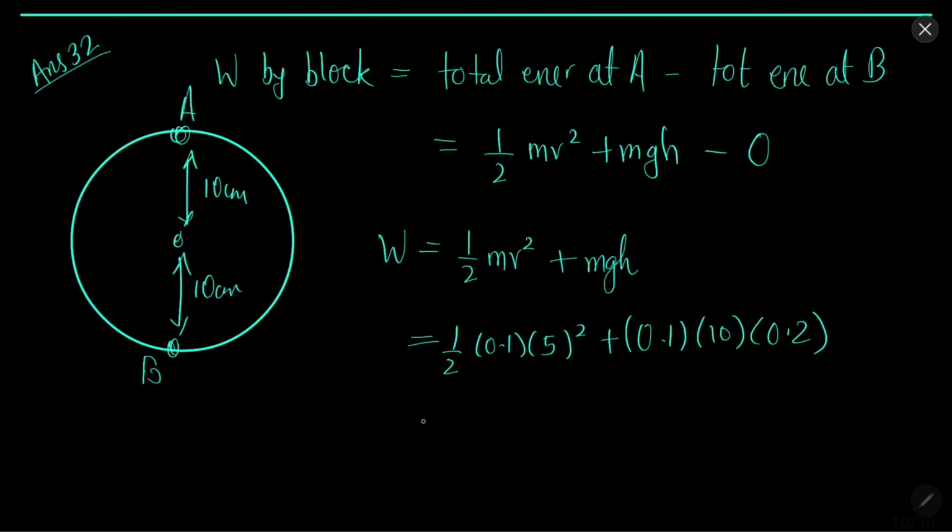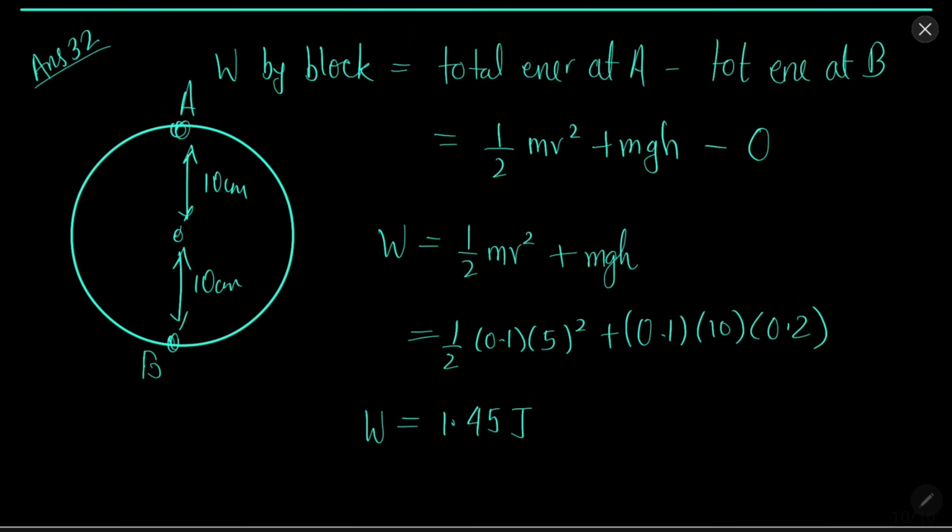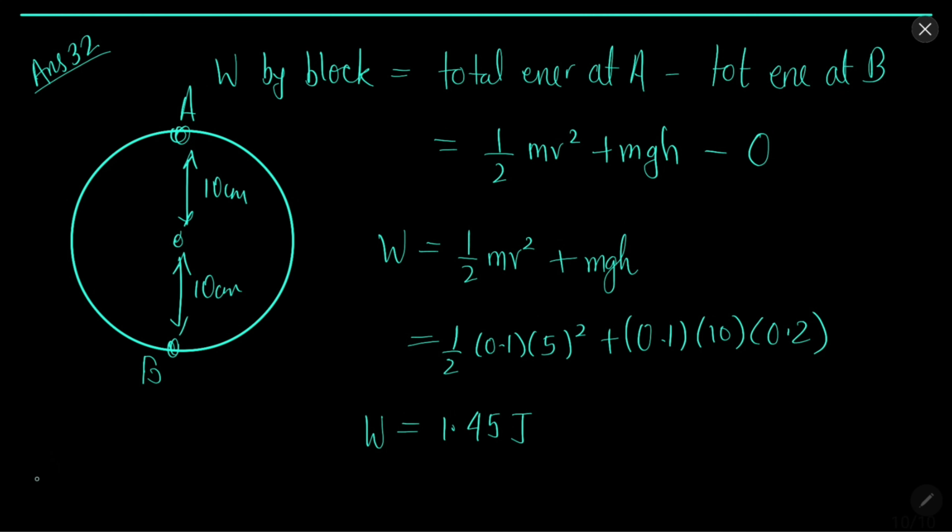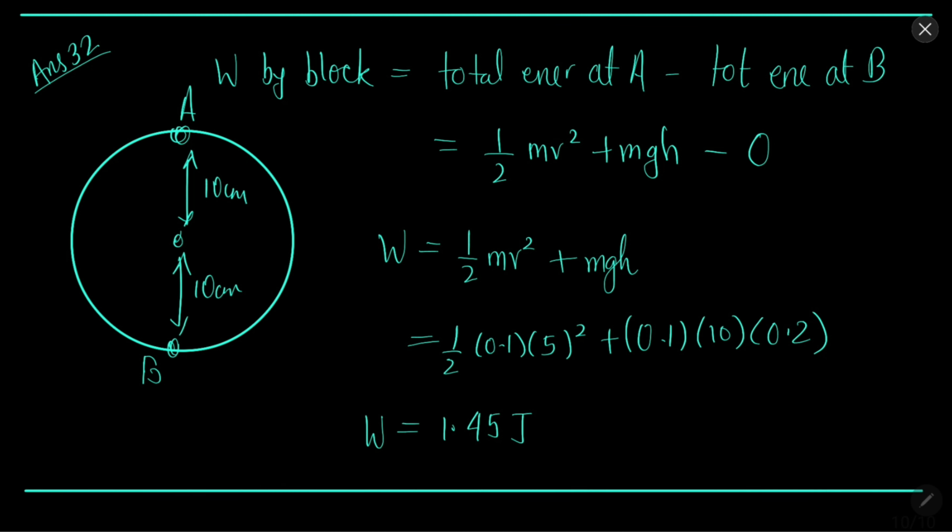So from here work done will come out to be 1.45 joule. So this is the work done by the block, and the work done by the tube on the body will be minus 1.45 joule.